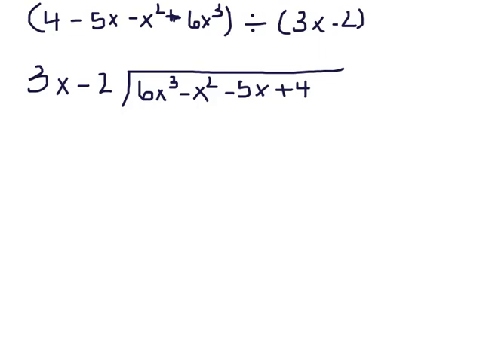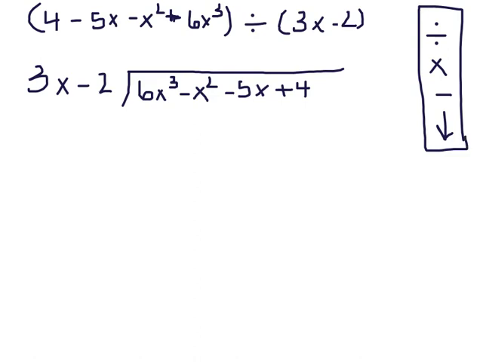Now let's start the process of actually dividing. I always like to think of it as divide, multiply, subtract, bring down. So this is kind of the little shorthand of what you're doing. Let's go first 3x into 6x cubed. That reduces to 2x squared.